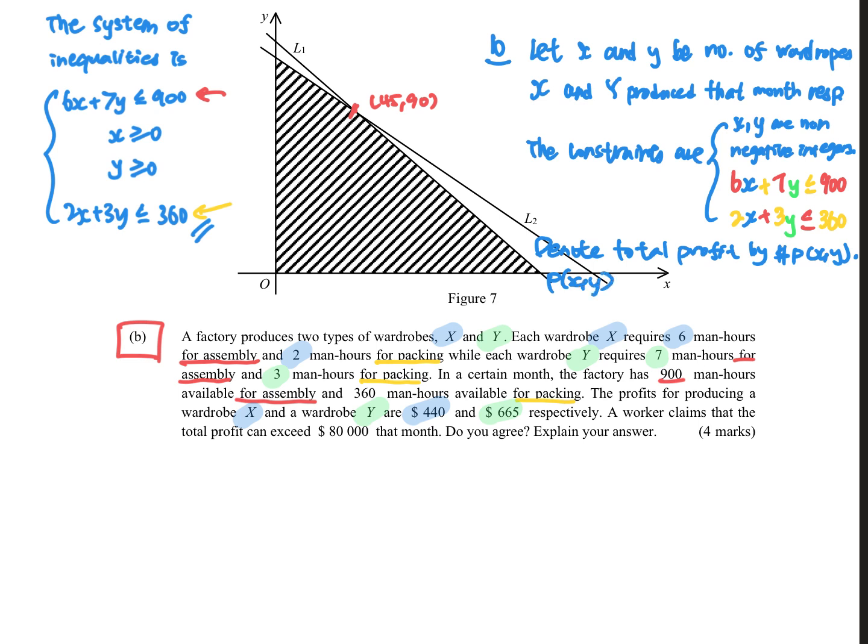Looking at the second last sentence, it is 44x plus 665y.